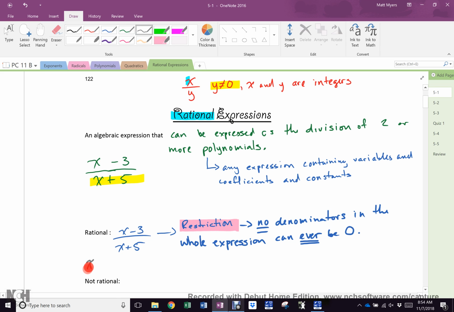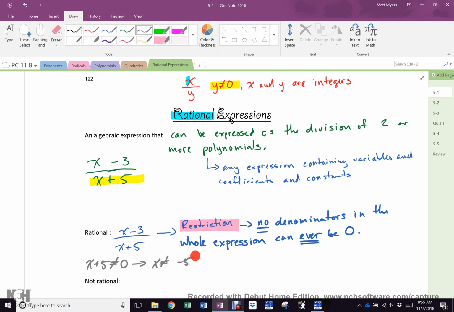So in this case, the denominator can't be 0, right? So x plus 5 cannot equal 0. What do I do to isolate x there? I subtract 5, yes? If I subtract 5 from the left, what do I subtract from the right? 5. So x cannot equal -5. Does everybody understand that? X can be any other number in the universe from -infinity to +infinity.